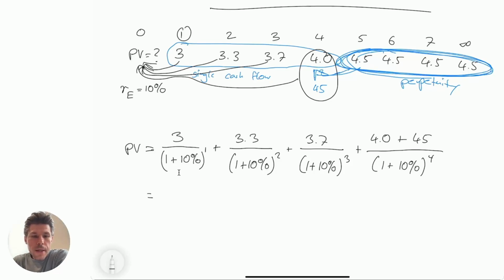And if my calculation is correct, this should be approximately 41.7 present value.